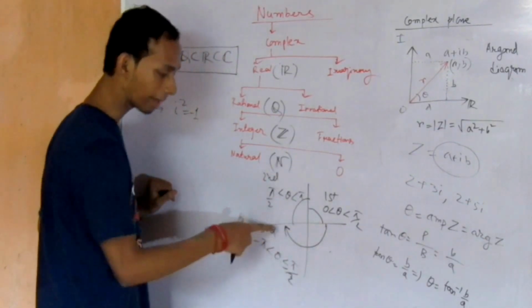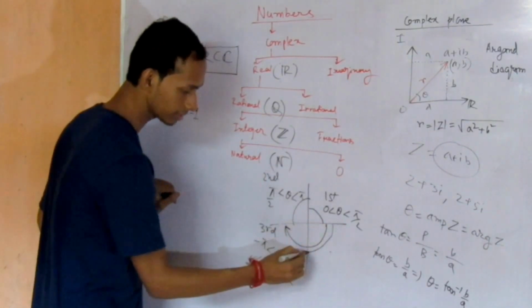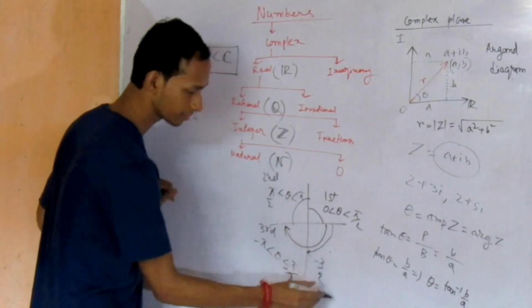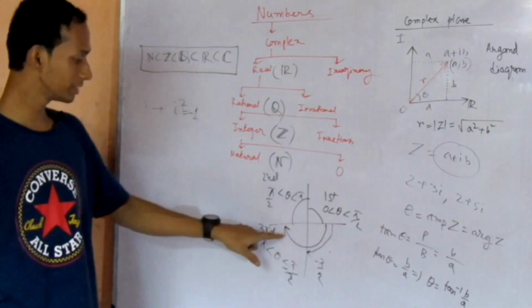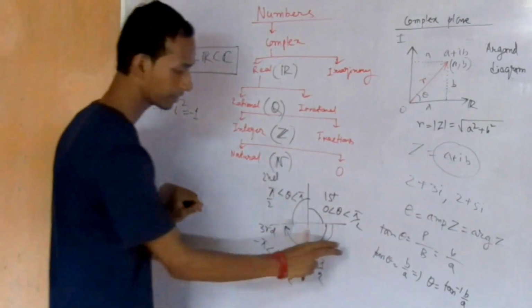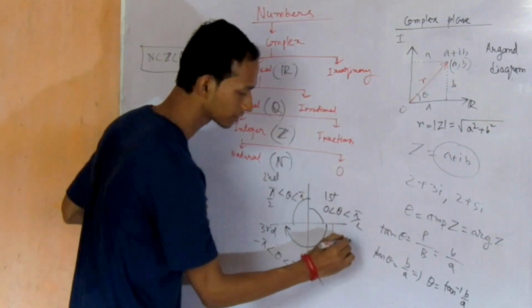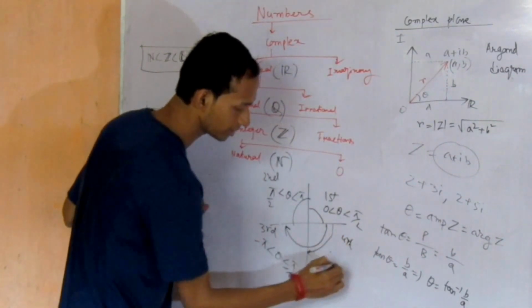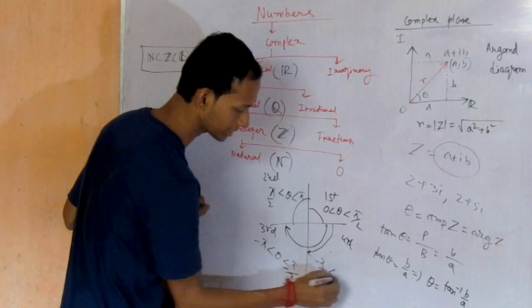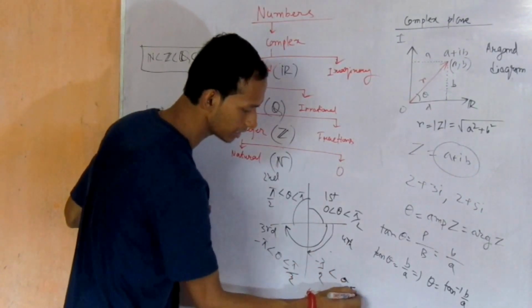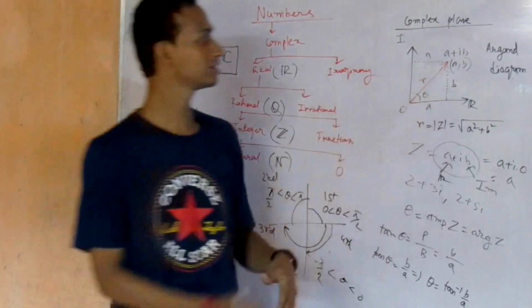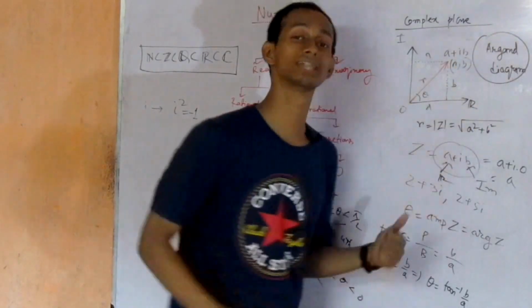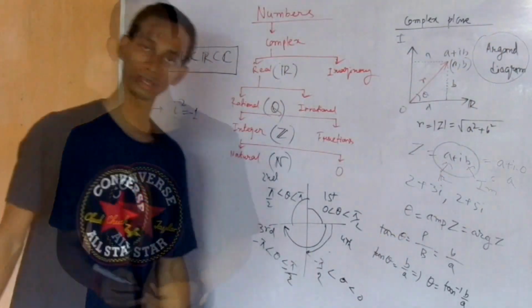So this angle will be minus pi and this angle will be minus pi by 2. And when theta is in the fourth quadrant, the region is minus pi by 2 to 0. This diagram is also called the Argand diagram, named after John Robert Argand.